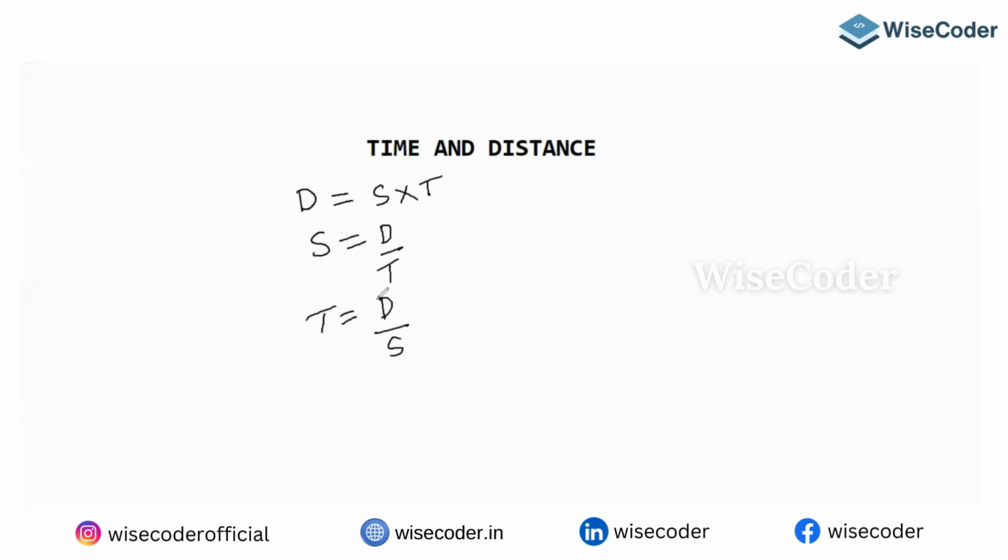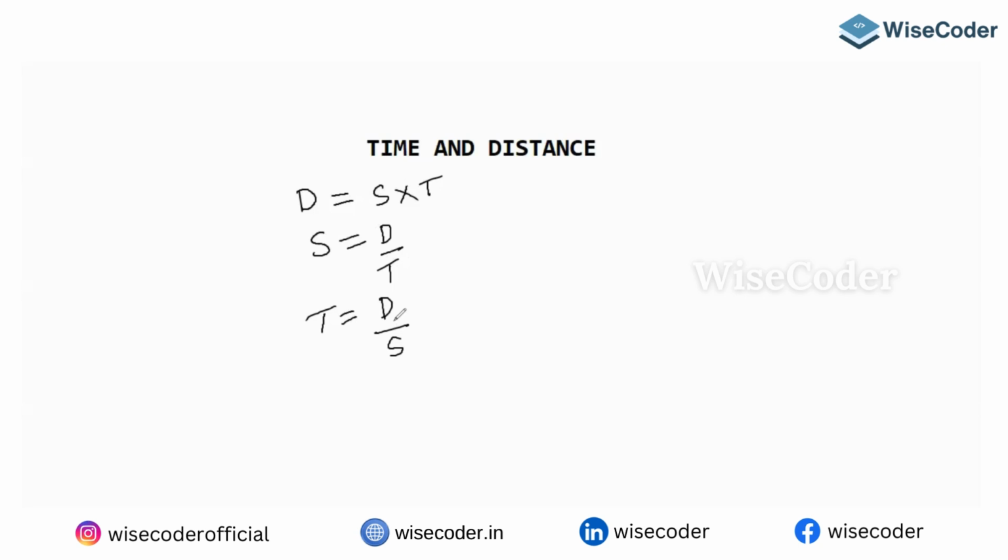If you want speed, your mind should think distance by time. If you want time, distance by speed. If you want distance, speed into time. These points should be very clear while solving.